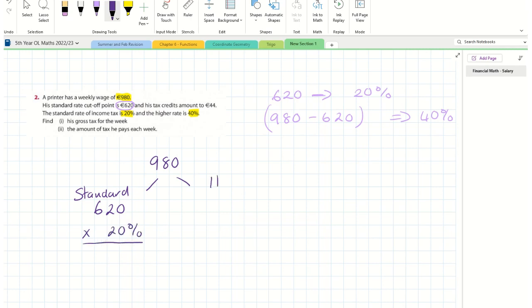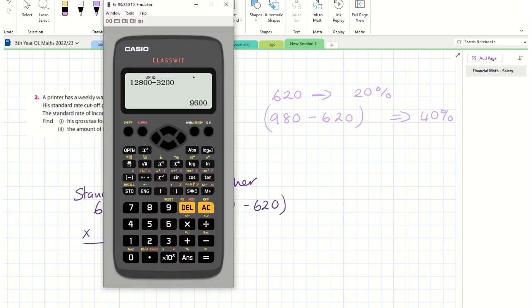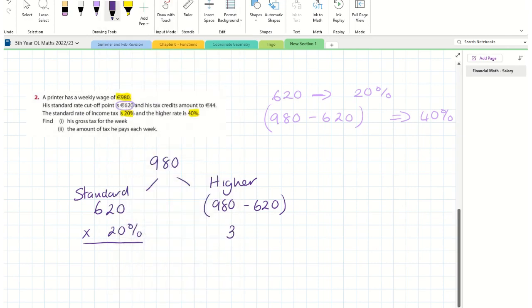And then for the higher rate, we're going to say 980 minus the 620. So 980 minus 620 is 360. And we're going to pay 40% of this.